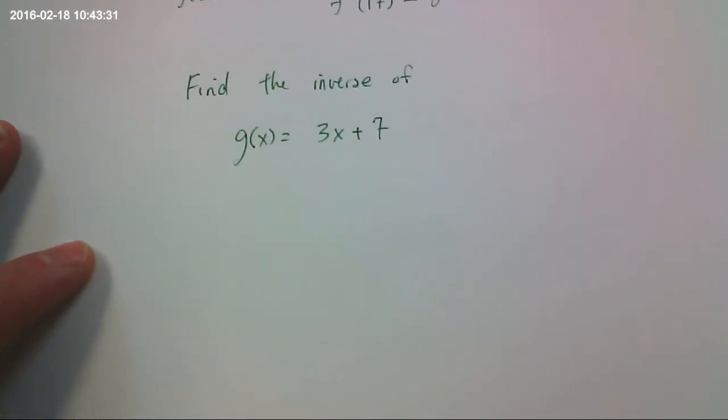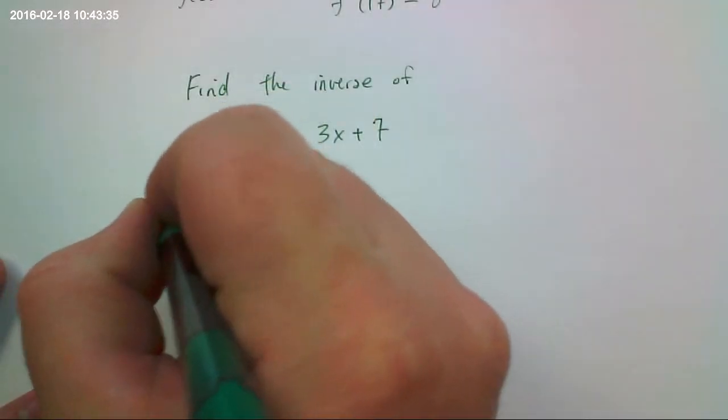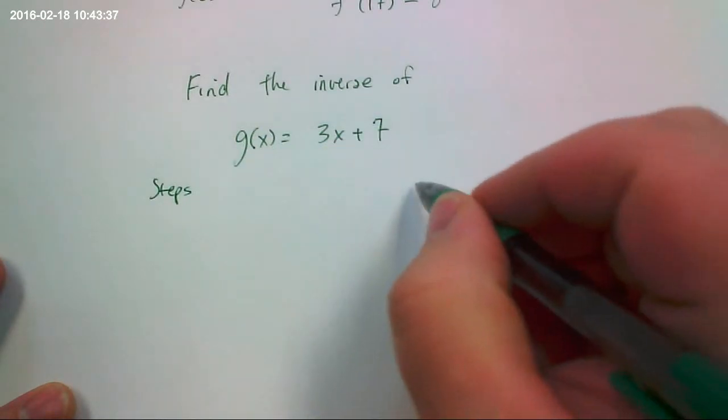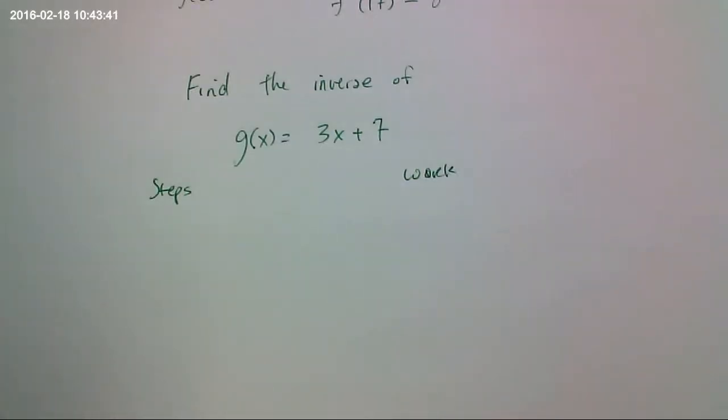Let's write out the steps over here, and let's do the work over here. This is easy. It doesn't take a lot. In fact, it's harder to write out the steps than it is to actually do it.